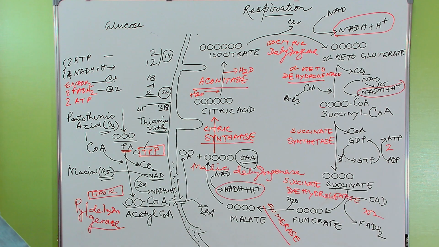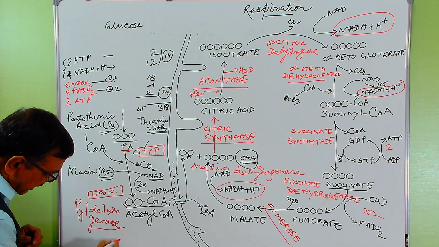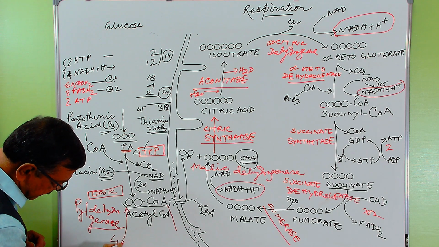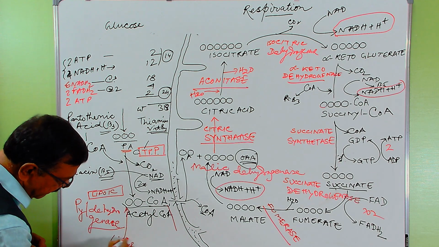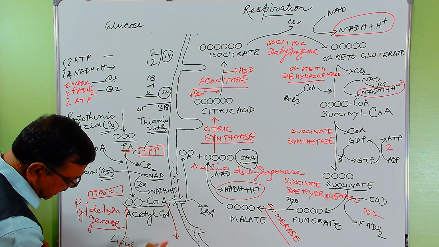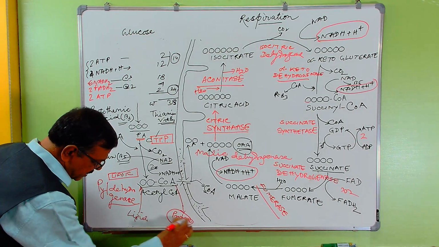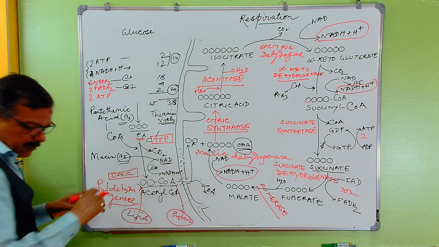And one thing more I would like to say: lipid and fat. This acetyl coenzyme can be produced from lipid, and lipid is fat, and also protein. This is the extra point you can write or keep in your mind.